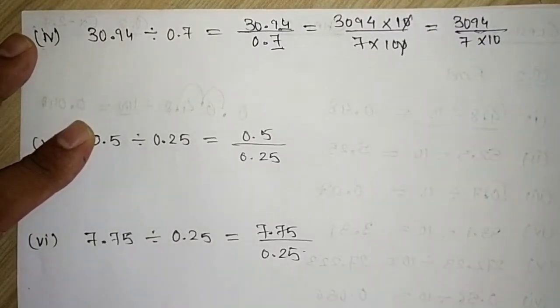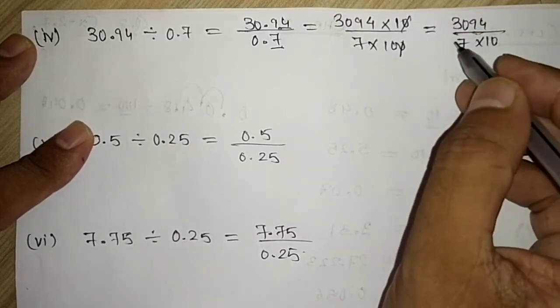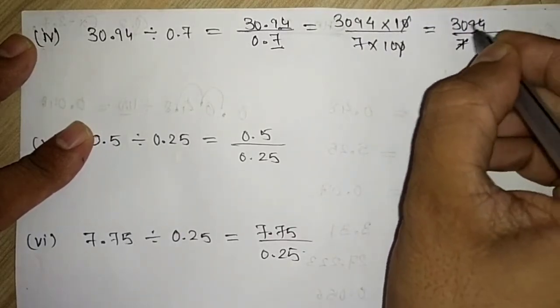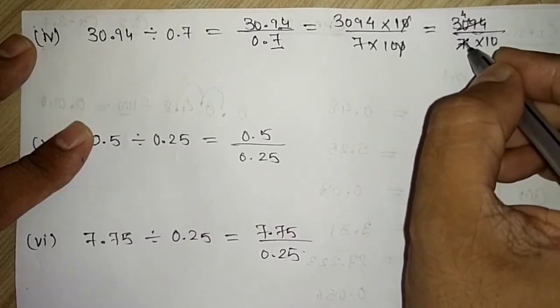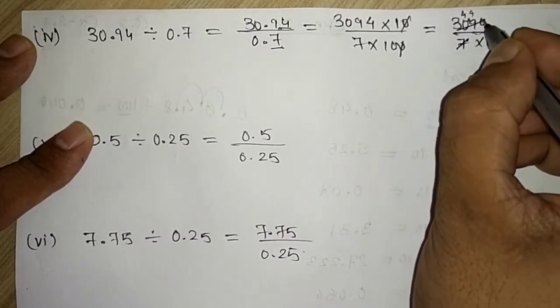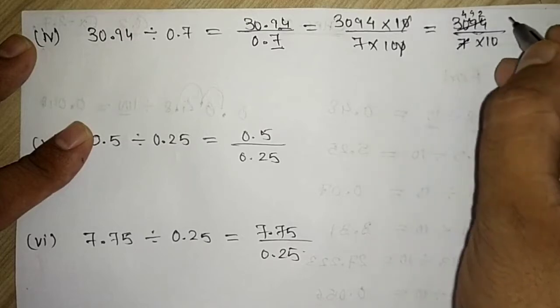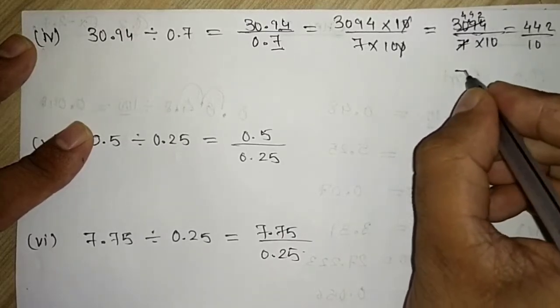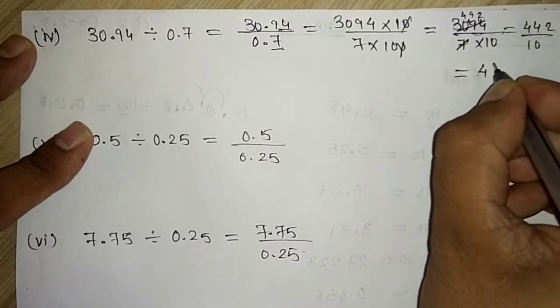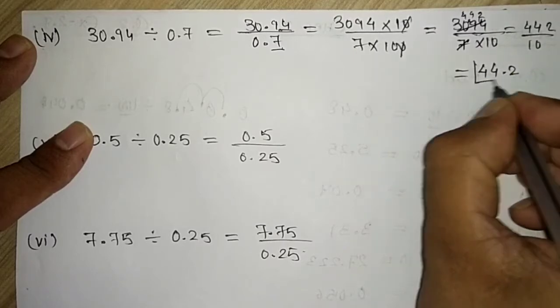Let us calculate with the long division. Also we can calculate directly. 7 4s are 28, 2 will be carried, 7 4s are 28, 1 will be carried, and 7 2s are 14. So we will get 442 divided by 10, which eventually becomes 44.2.